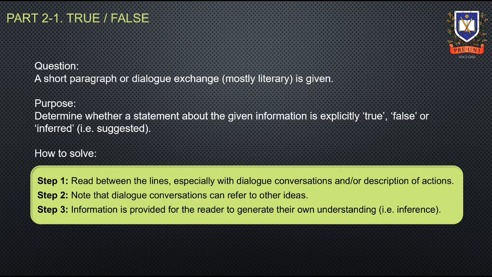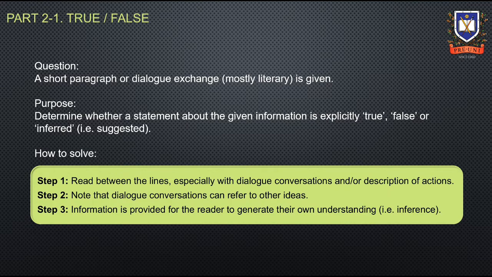In these questions, we're tasked with reading the passage, then deciding whether information from that passage is explicitly true, false, or inferred. What that means is that inferred statements are not directly told to you, which means we have to pick up contextual clues and hints from reading in between the lines of the passage to see what is being suggested to us.